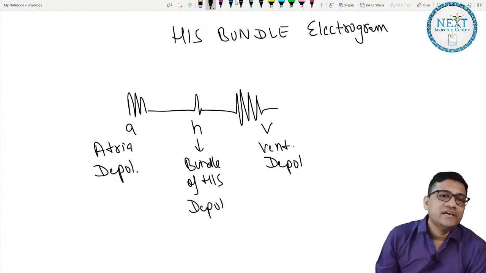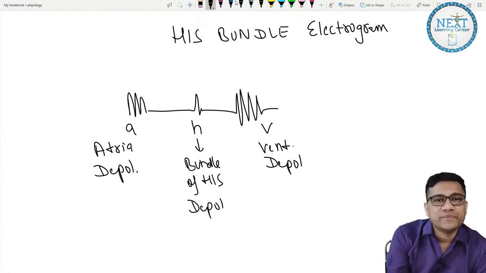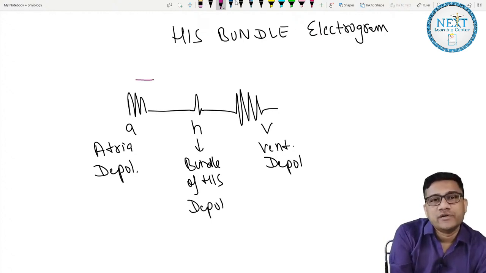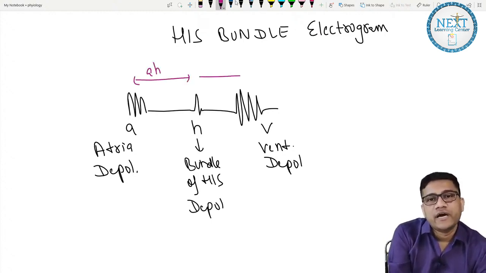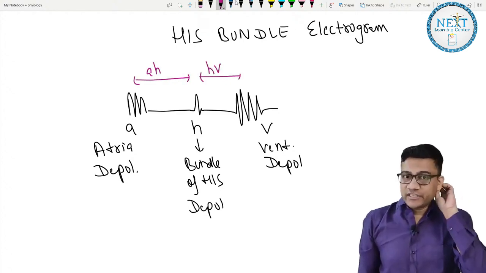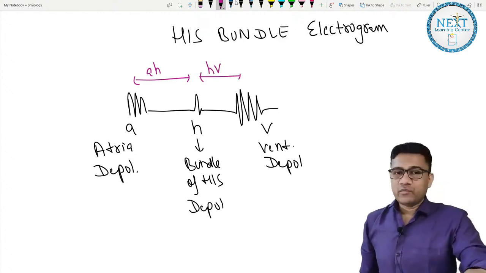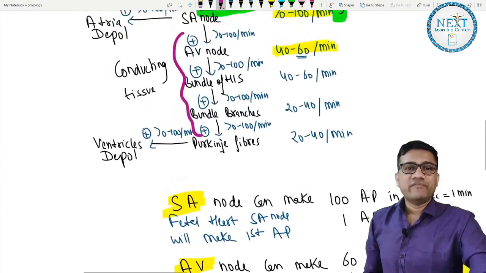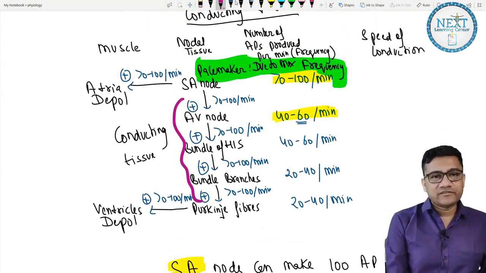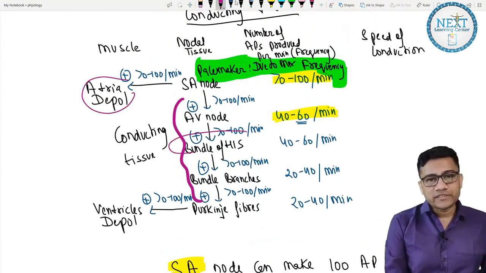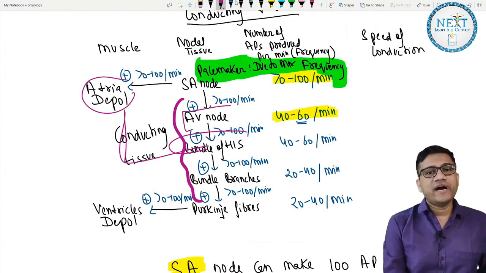So obviously what does AH represent? Therefore there are two main intervals, AH and HV. So AH is where? See the diagram. AH is from atria to His, that is via the AV node.